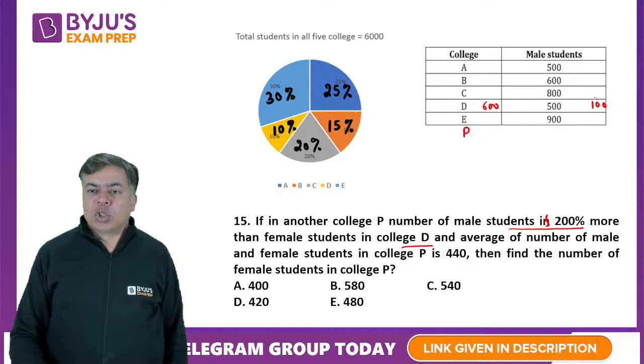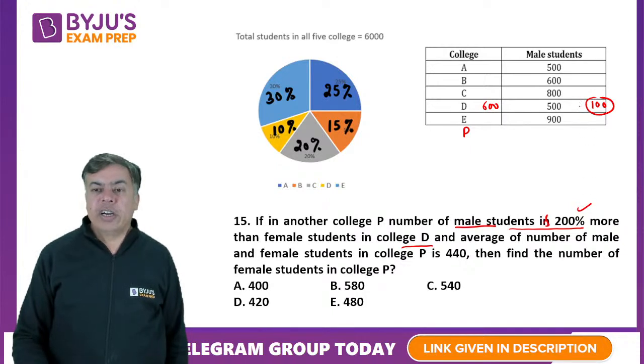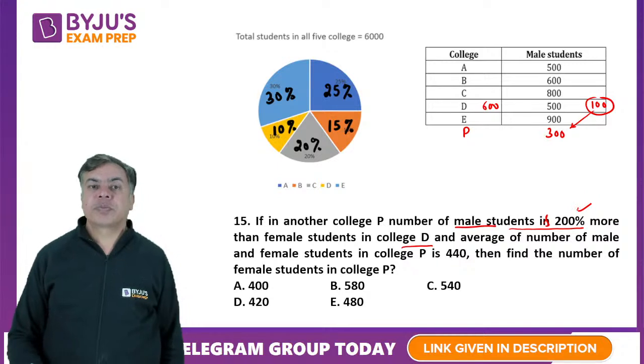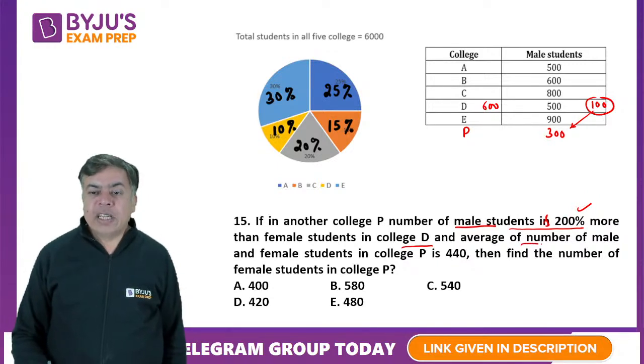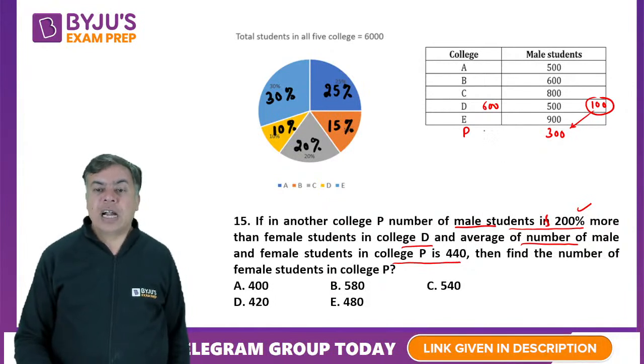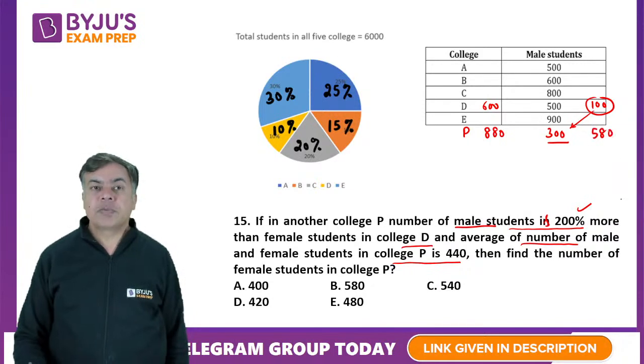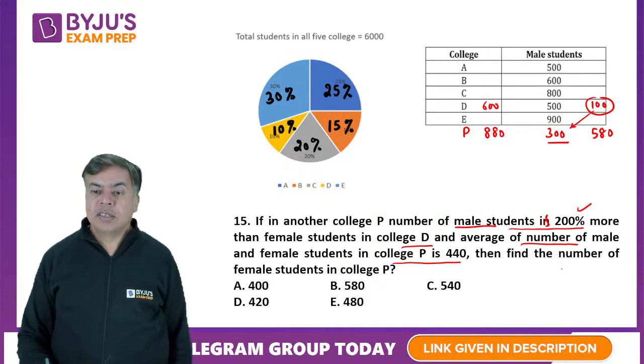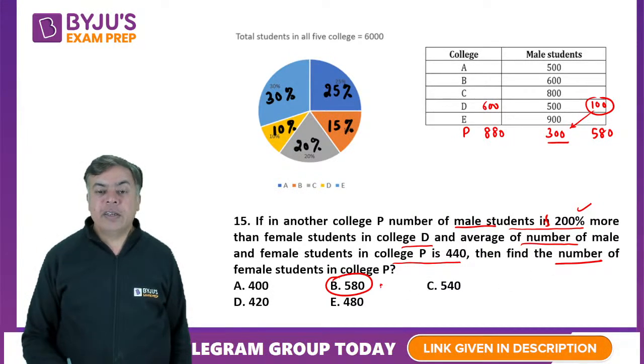If it is 100 and male students are 200% more, then 100 plus 200 becomes 300 here. And the average number of male and female students in college P is 440. That means the total has to be 880. If this is 300, female must be 580. And that is your answer. The number of female students in college P must be 580.